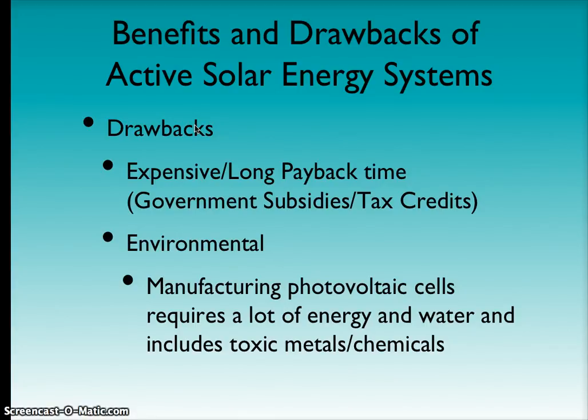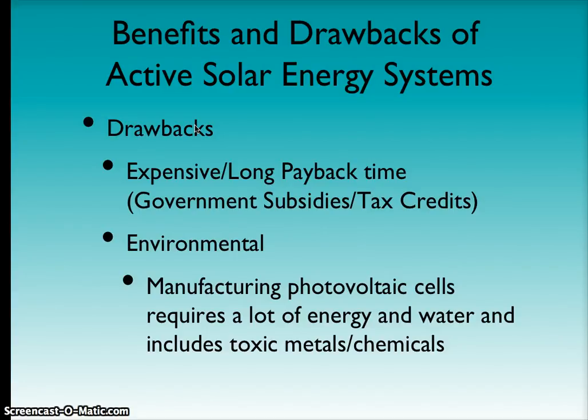Germany has actually made solar energy a part of their sustainable energy agenda to subsidize the initial cost of the solar panels. And in the US, there are different tax breaks that are available. But those, again, could be increased.